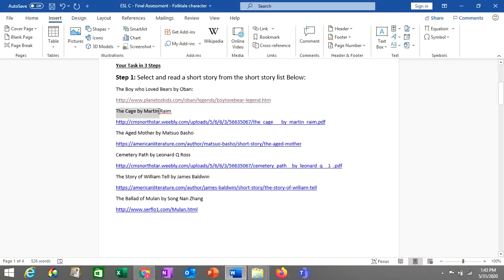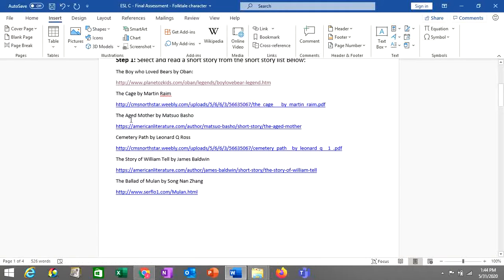We have the story of the cage, which is about a person who decides to take part in a scientific experiment where he is locked in a prison and he has to try to escape within 3 hours, and you can read about how he does. The Aged Mother is another interesting sort of folktale where a person is required by his society to essentially, once his mother gets to a certain age, he has to take her up a mountain and leave her there to die. So the topic of that one's kind of messed up, but the story itself is interesting.